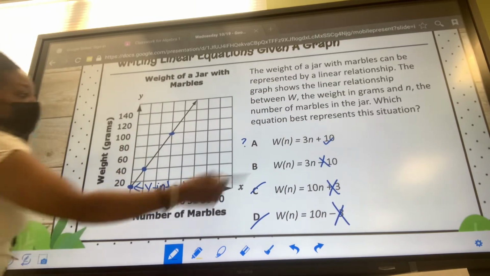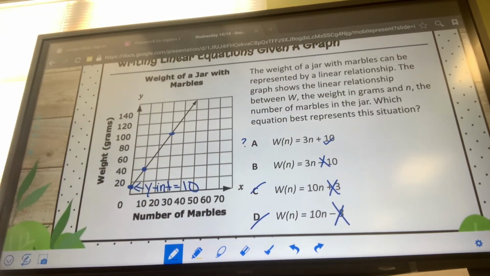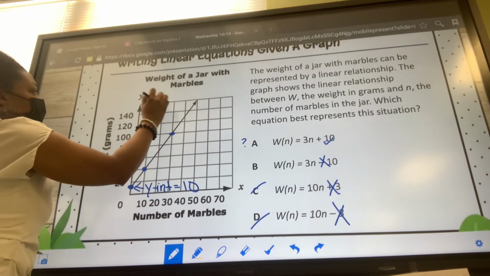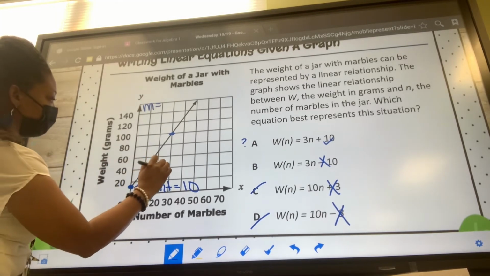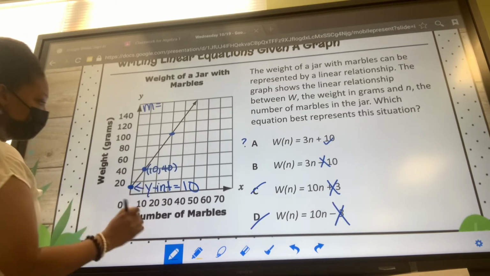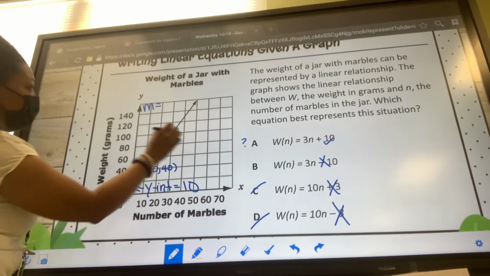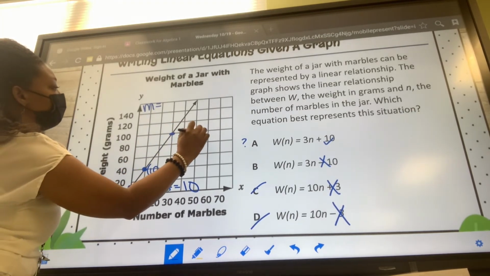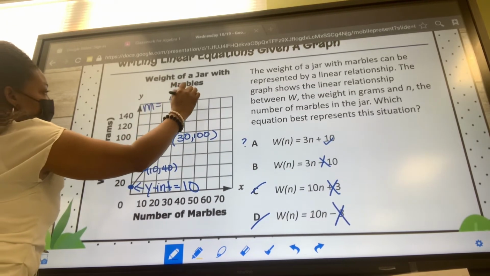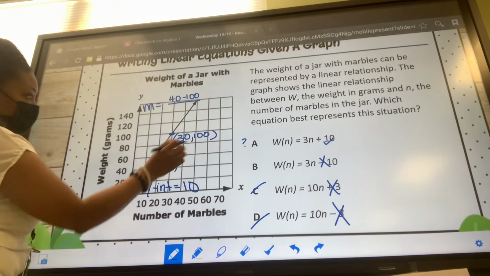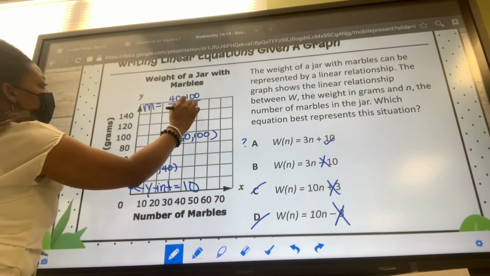Both of them are positive, though, right? So let's find our slope. So this is (10, 40), and this is (30, 100). So we're going to do 40 minus 100 over 10 minus 30.